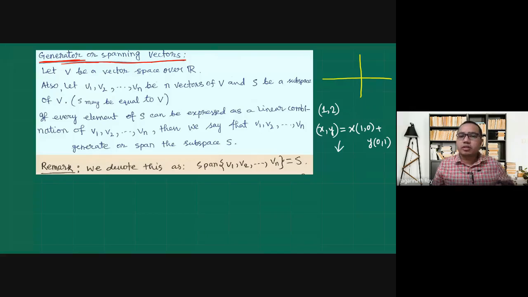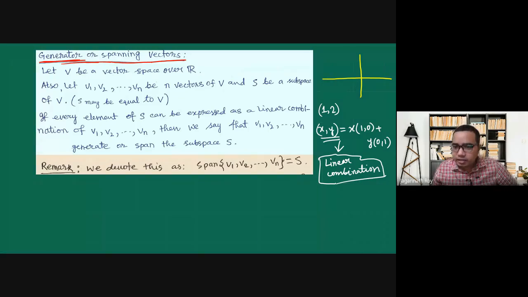This is called a linear combination. Given any (x, y), we can represent it in terms of these two vectors, (1, 0) and (0, 1).